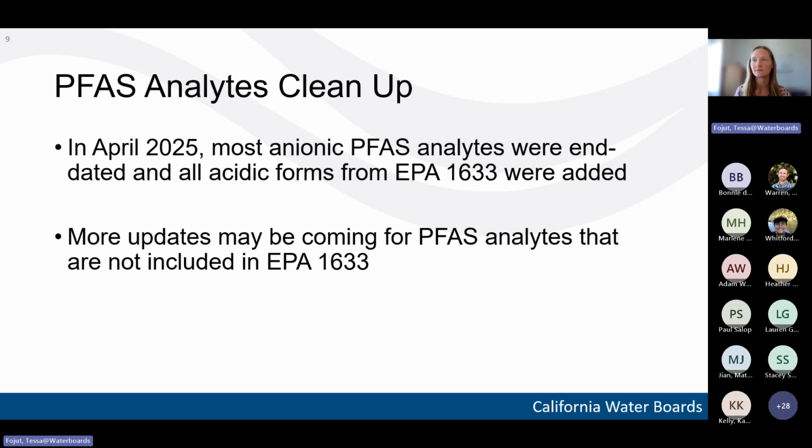So we were still researching those, and didn't want to end date them if maybe they are used by some other methods or labs, but we may update those. And we did try to add the CAS registry numbers for everything, and just make sure those PFAS names are all aligned, because I know that's a real analyte group of interest for a lot of uses right now.